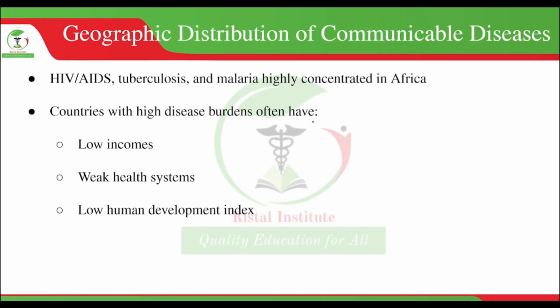HIV, tuberculosis, and malaria are very common in Africa, and the countries that have a high burden of malaria are often those with low incomes, weak health systems, and a low human development index.